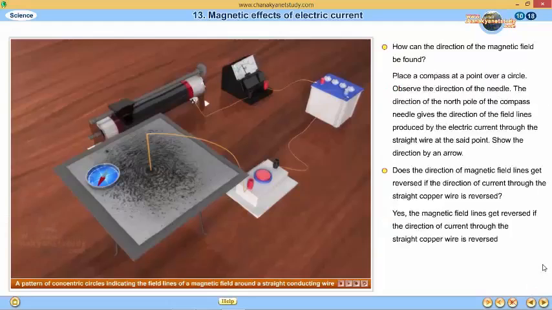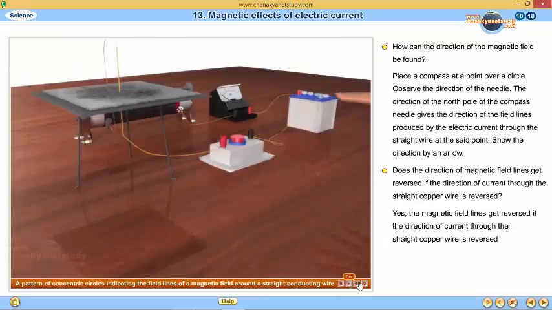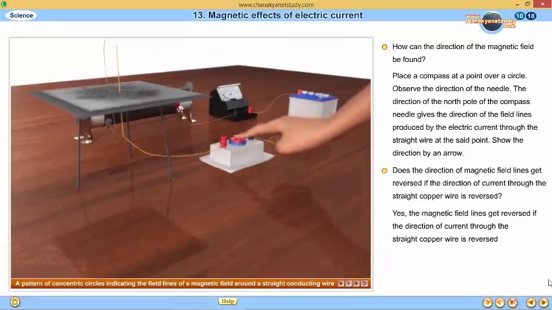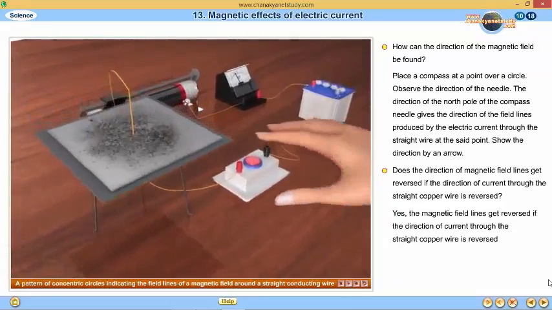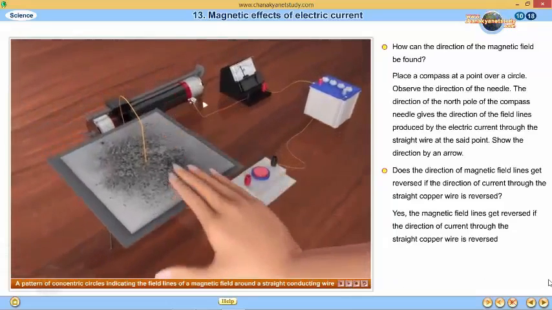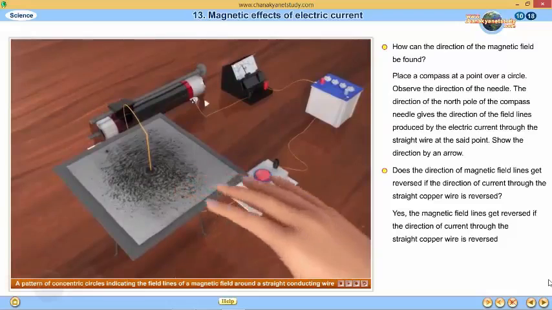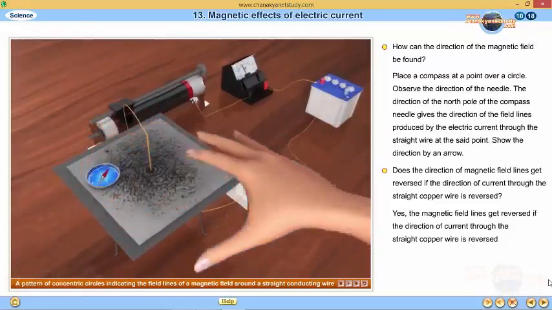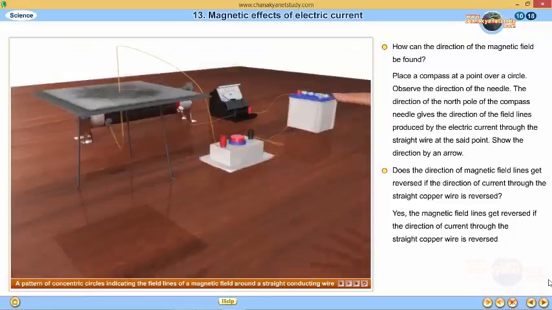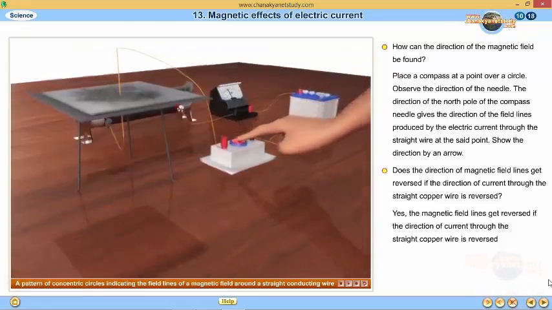How can the direction of the magnetic field be found? Place a compass at a point over a circle. Observe the direction of the needle. The direction of the north pole of the compass needle gives the direction of the field lines produced by the electric current through the straight wire at the set point.